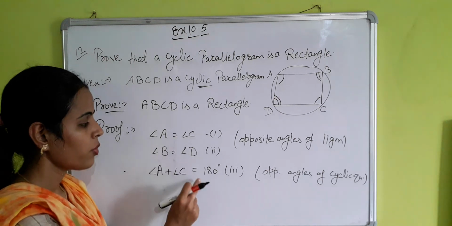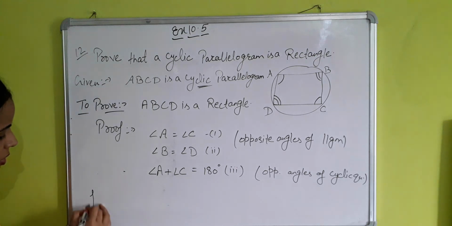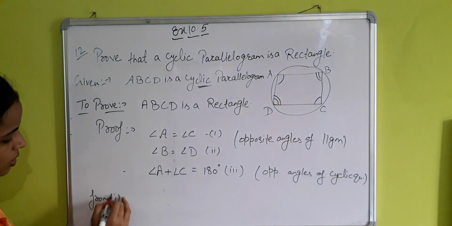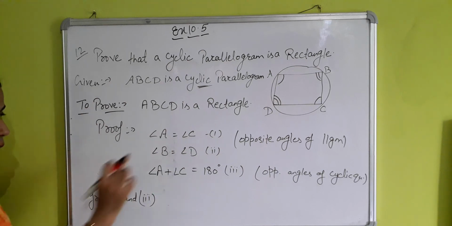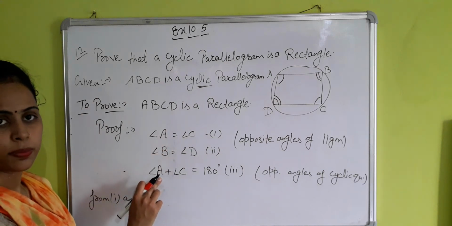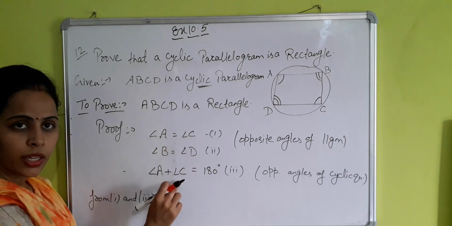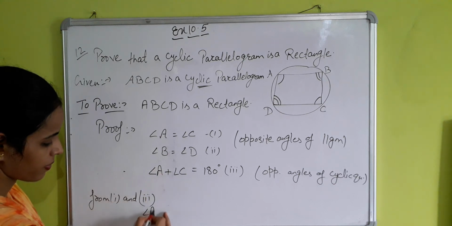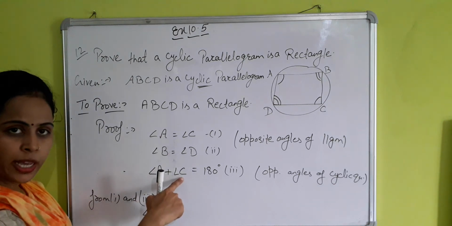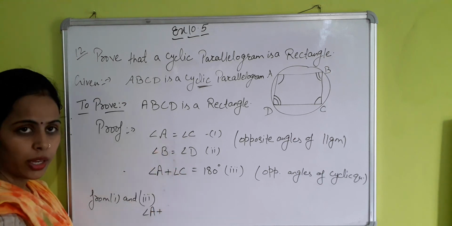From equation first and third. Angle A is equal to angle C. So we can write A at the place of C. Angle A plus, at the place of angle C, write angle A because these two angles are equal.